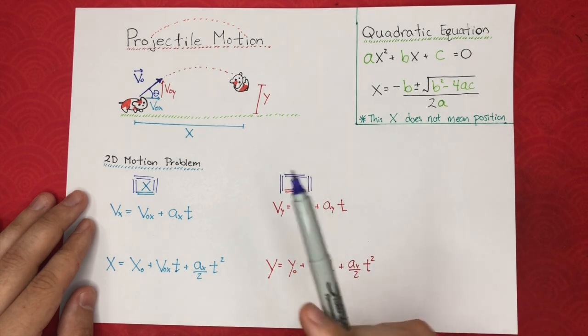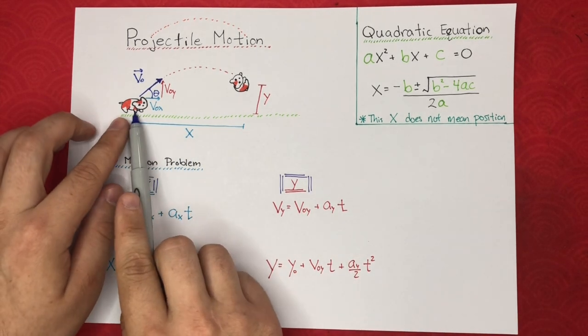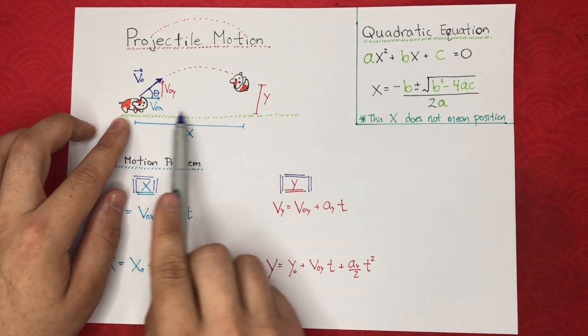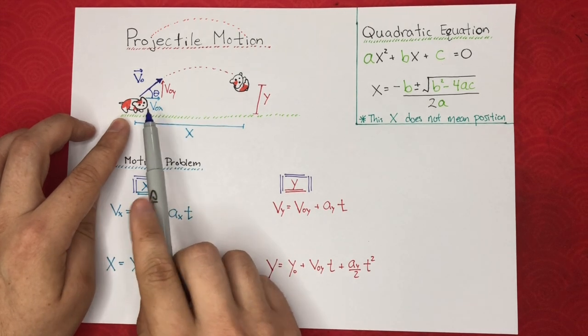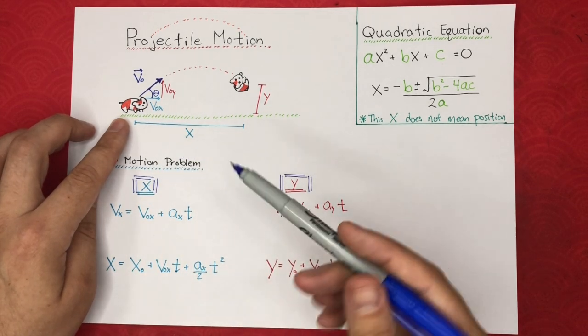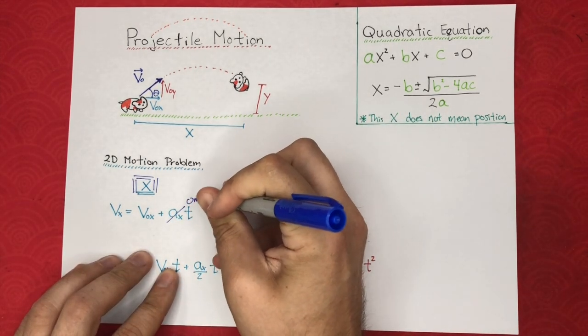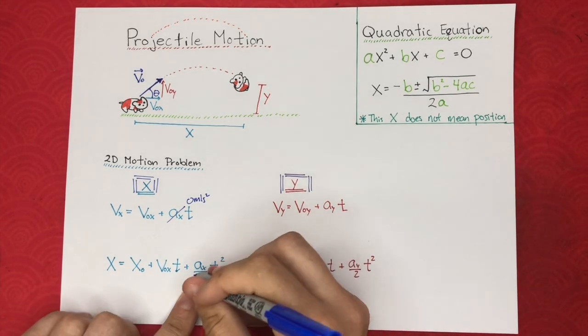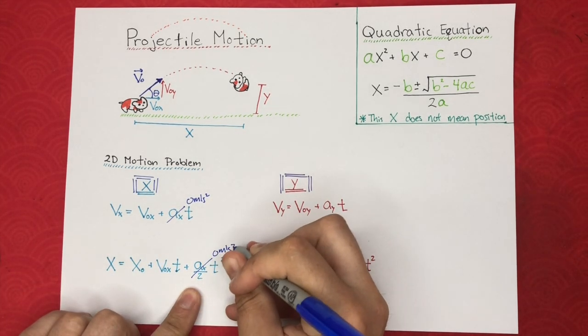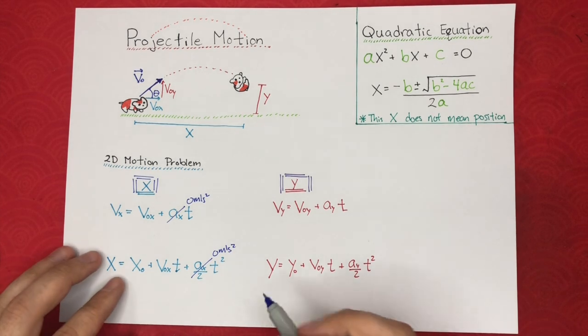Now, the thing about projectile motion is there are no forces acting on that hamster in the x direction. If there are no x directional forces, that means there's no x directional acceleration. So this ax term goes to 0 meters per second squared because there are no forces. This one down here is also going to go to 0 meters per second squared. So how can we rewrite these equations?